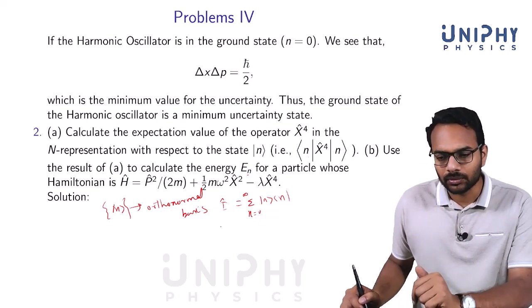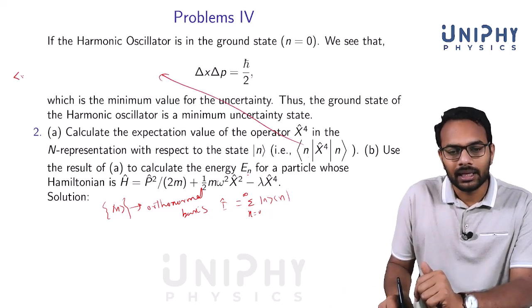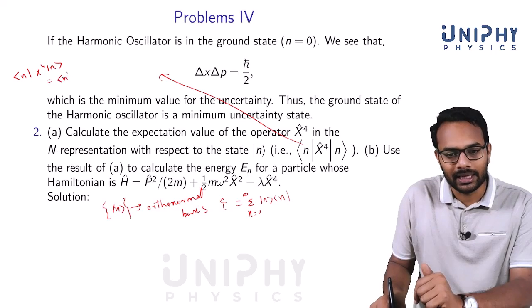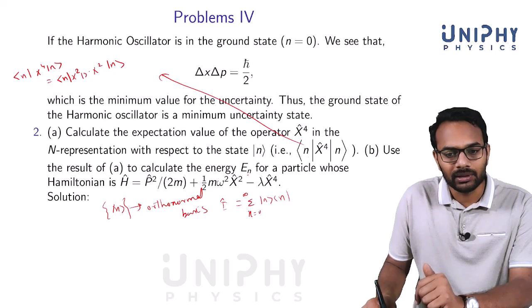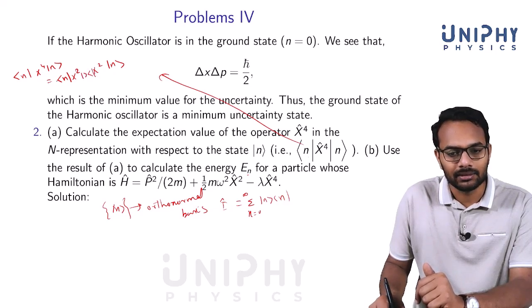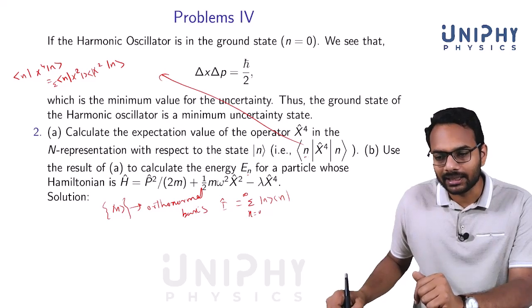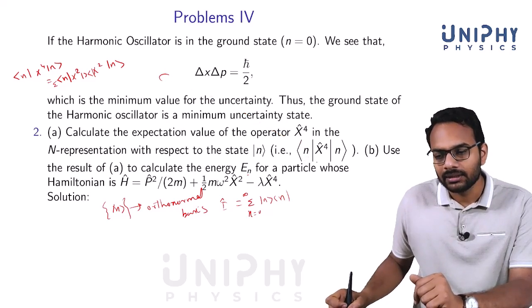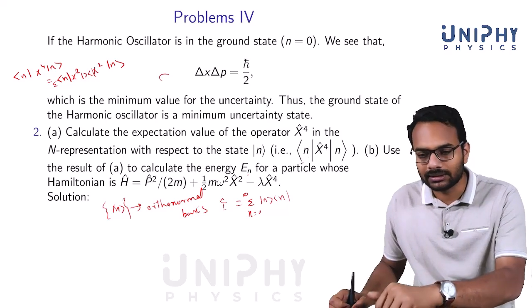So, this is what we will do. We will write this n x raised to 4 n as n x square x square n, and in between here we will introduce the identity. Now, we have already used n here as a free index, so we have to use a different one for the summation purpose.